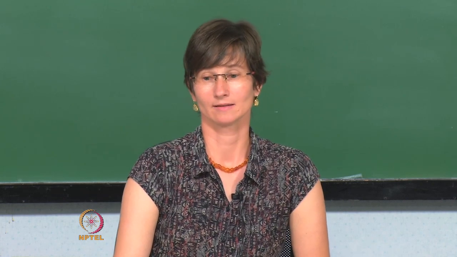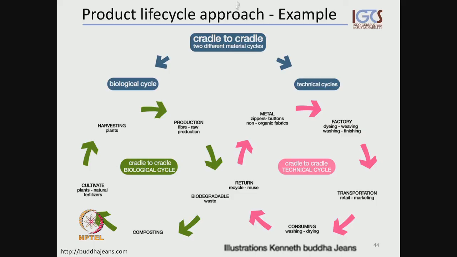Now let's look at an example, and we take the example from this cradle-to-cradle. It's actually a company that expressed this at the first time, but that's something that's been tried to be in the process of being implemented at a policy level right now.